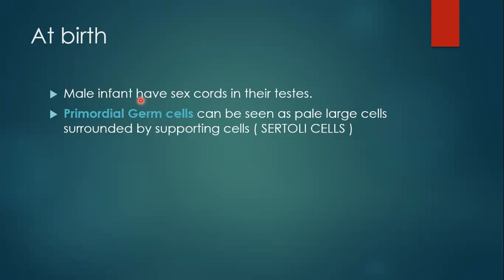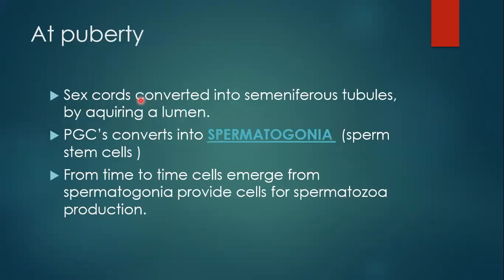These cells can be seen as large pale cells surrounded by supporting cells within the sex cord of the testes. These supporting cells are also known as Sertoli cells.